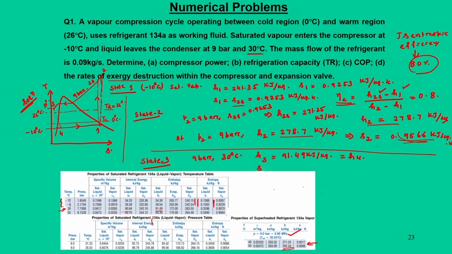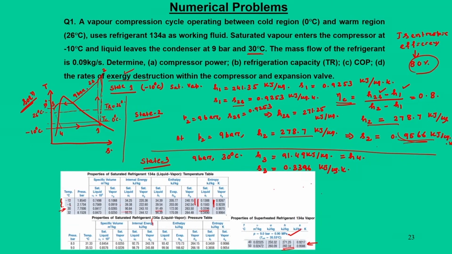Of course, we can now calculate S 3. S 3 is 0.3396 kilojoule per kg Kelvin. This is required for calculation of exergy.